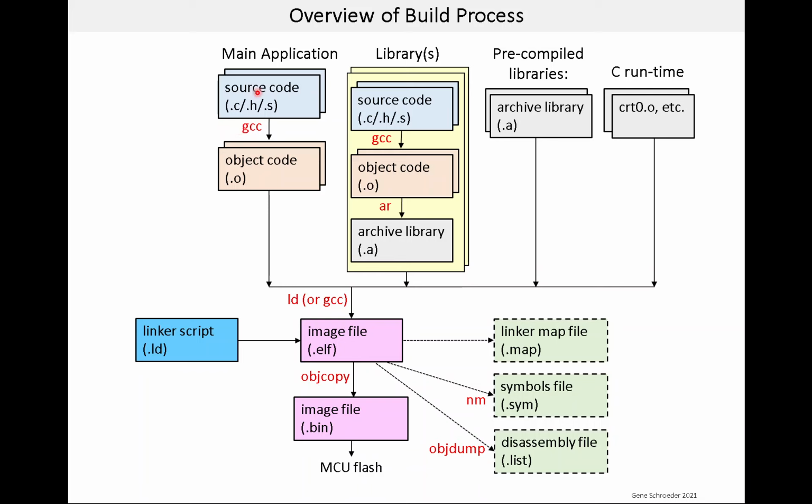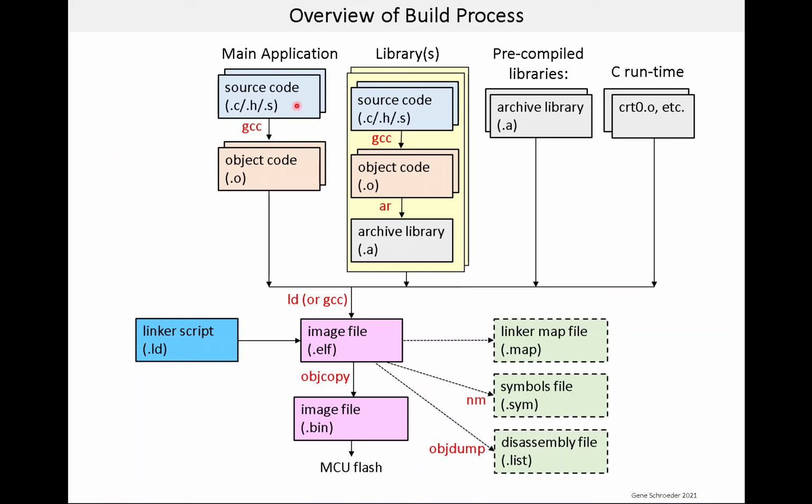So let's start with the main source files. In other words, the .c and .h files that you wrote, or files that were generated by the IDE. Notice I include in these the .s extension. This is for assembly language files, and in this course there is just one such file. It's supplied by the IDE, and we will be reading it in a future lesson.